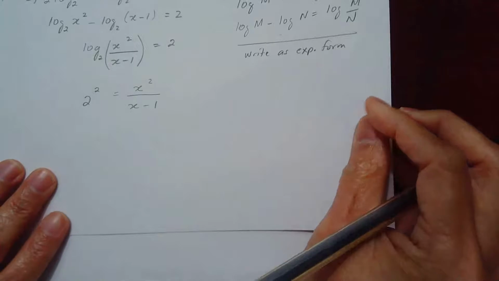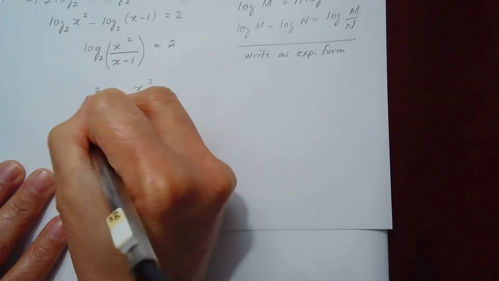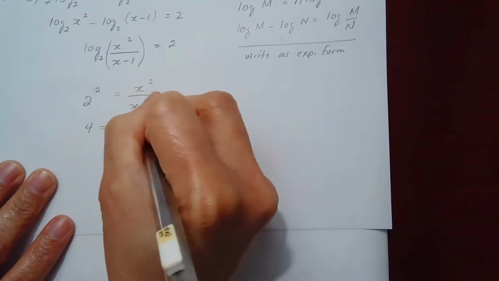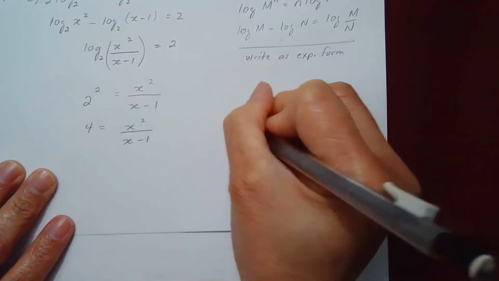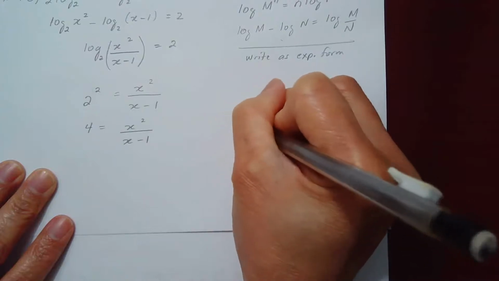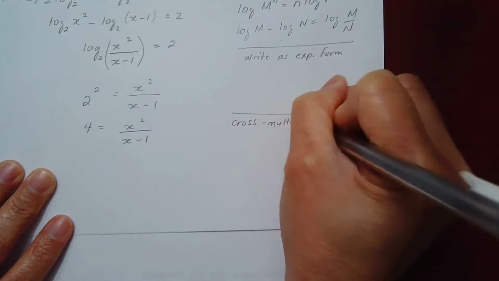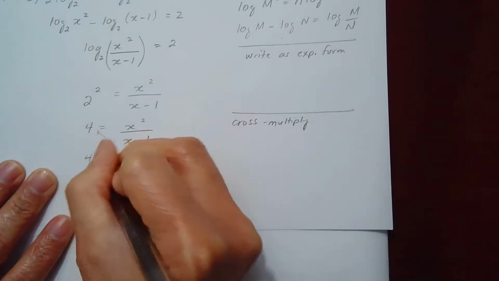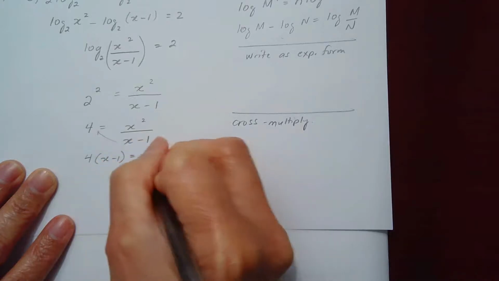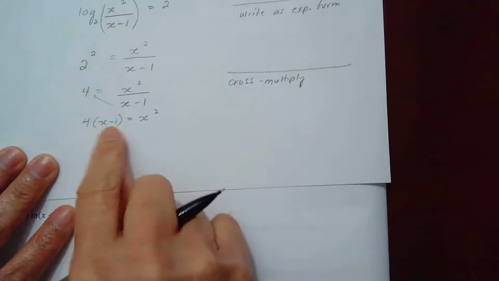And then from here, we can cross multiply, right? So it's going to be 4 equals x squared over x minus 1. Cross multiply here. So it's 4 times x minus 1 equals x squared. And then expand that.